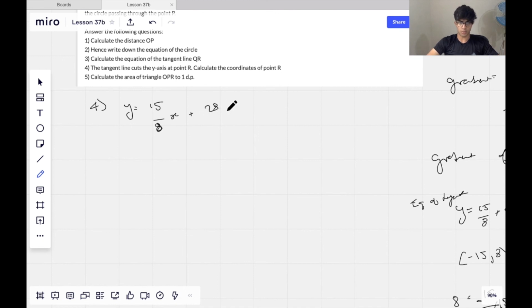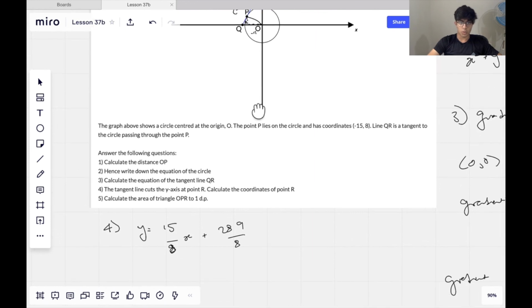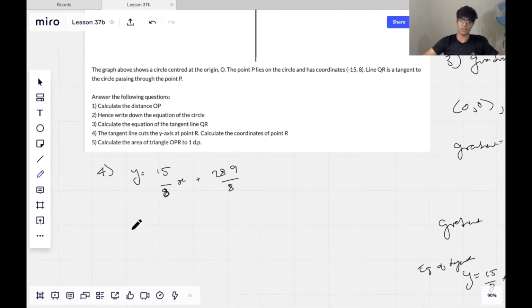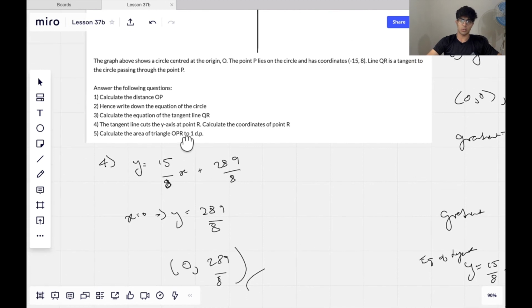The tangent cuts the y-axis at the point R, so for the y-intercept we say x is equal to 0, which implies y is equal to 289 by 8. So be specific and write the coordinates of R as 0, 289 by 8. And now calculate the area of the triangle OPR to 1 decimal place.